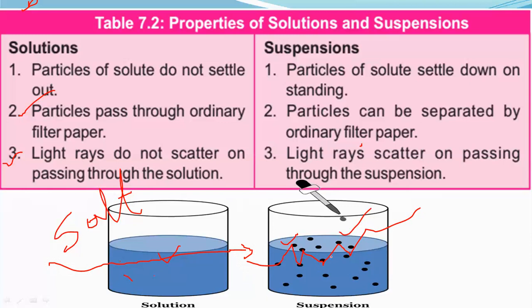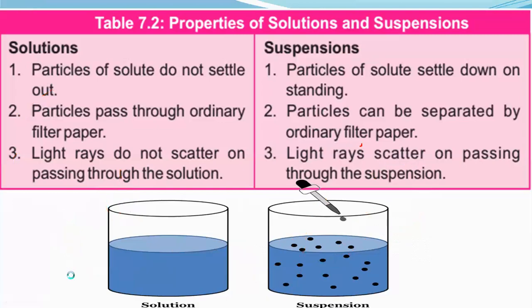Because it cannot pass through in a line in a proper way, we cannot see the other side, because when it spreads all around it changes its direction. So light rays scatter on passing through a suspension. Sometimes it just strikes like this and goes out, so we cannot see the other side. Because the particles are bigger, light rays scatter. And in a solution, light rays do not scatter because the particles are smaller.